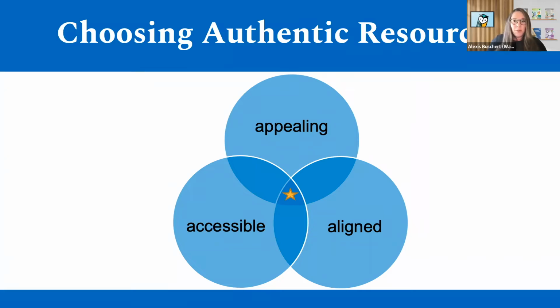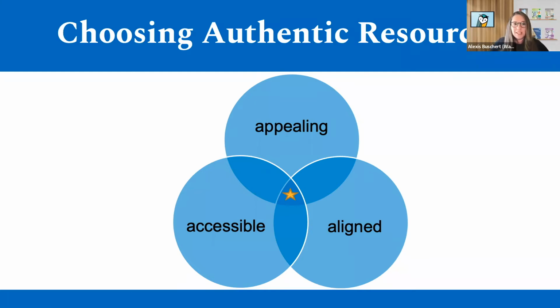First of all, when possible, the resources need to be authentic, which means that it was never meant to be used in your classroom. It was created for a real purpose for speakers of that language. Next, the resource should be appealing to your students. It should connect to their real life, grab their attention, and interest them.